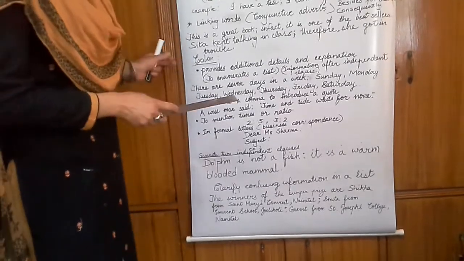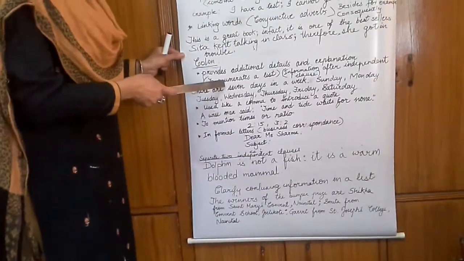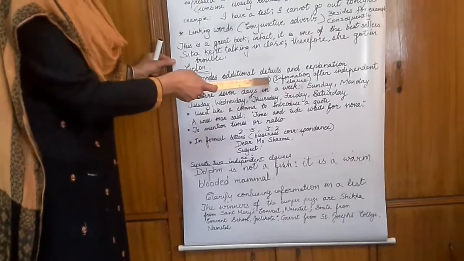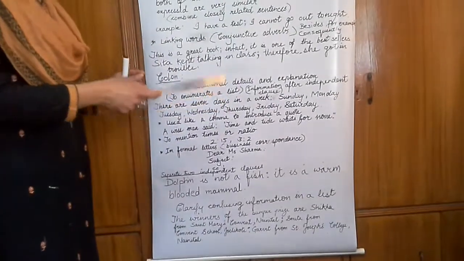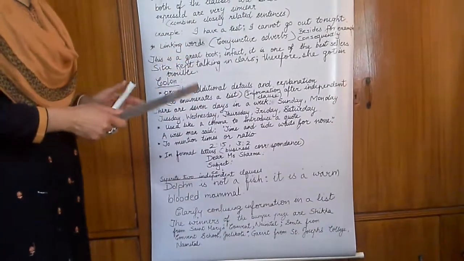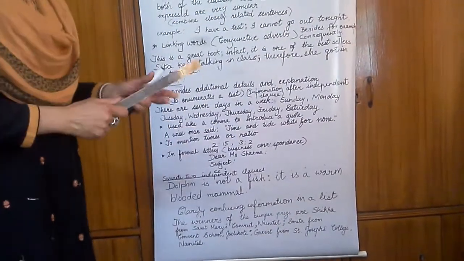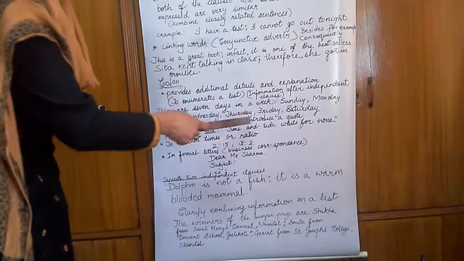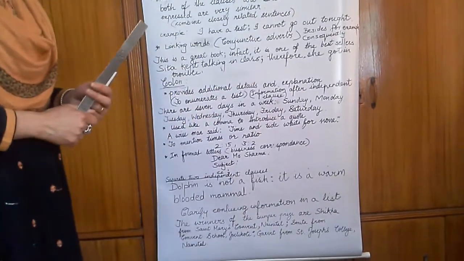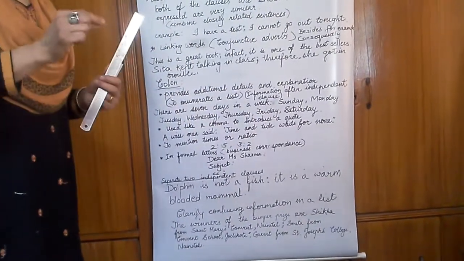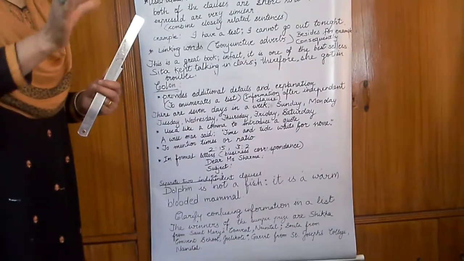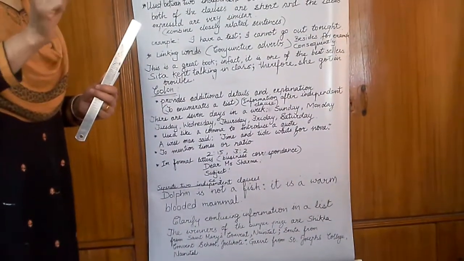Now here, we can say this colon is used to enumerate a list. It is also used like a comma to introduce a quote. She said, comma, and then whatever is said by the person, you put inside the quotation marks.